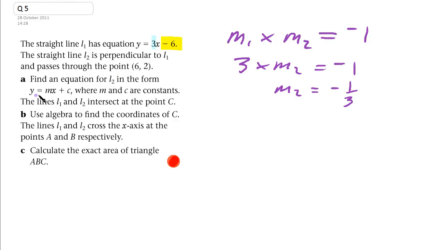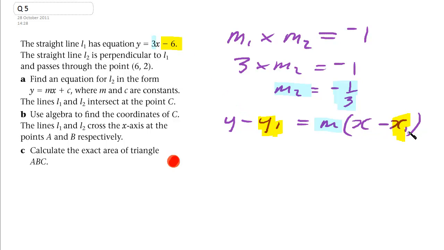Now, to get this y equals mx plus c format, I'm going to use another equation, y minus y1 equals m(x minus x1). This is still my gradient here, and this is a point on the line which I've been given.